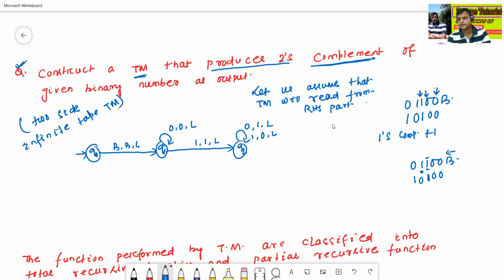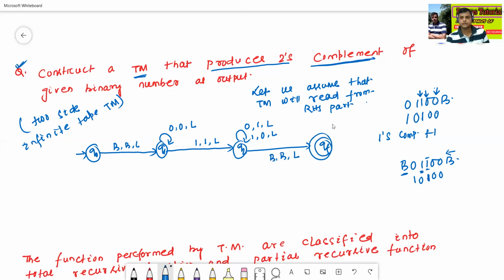Means what? See, I just add the blank symbol on the left side also. When Q2 reads the blank symbol, it moves towards left and goes to the final state.